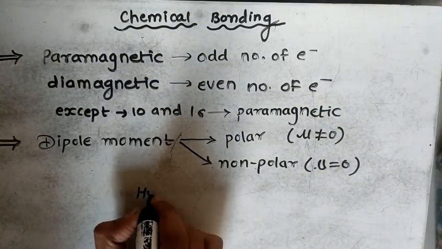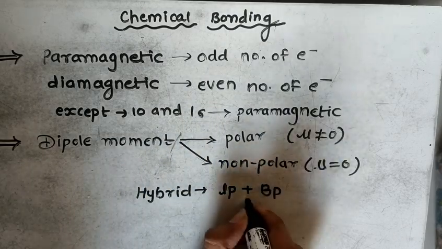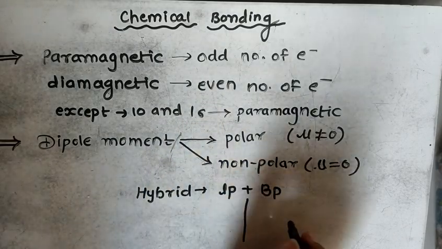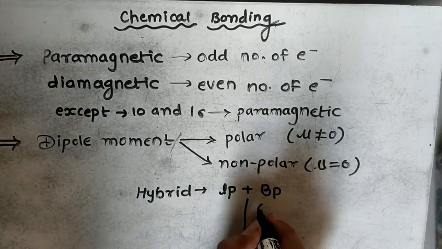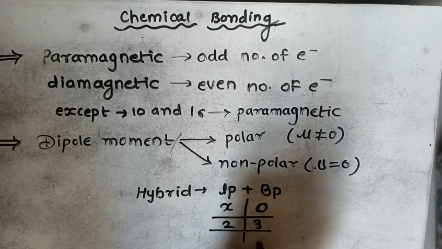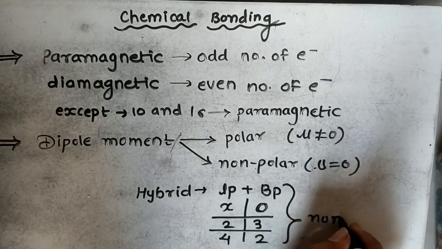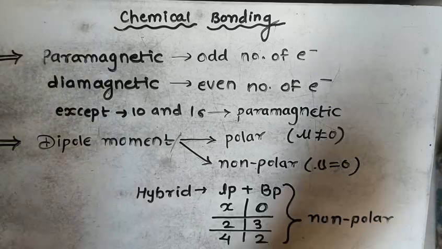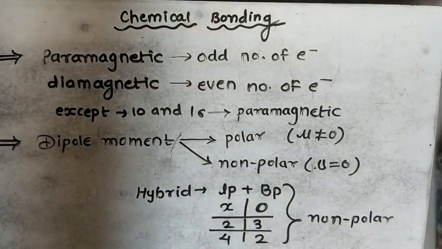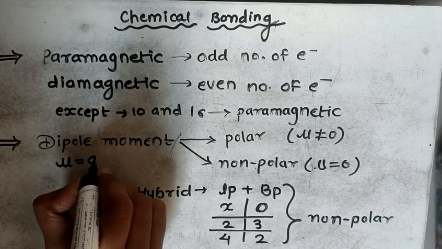When we find a hybridization, lone pair plus bond pair, if you see the bond pair to be 0 in any of the cases, here will be any number or the combination of 2, 3 and 4, 2, it's considered as non-polar, and except this, all are polar. The dipole moment can be written as mu and it is equal to q into d.